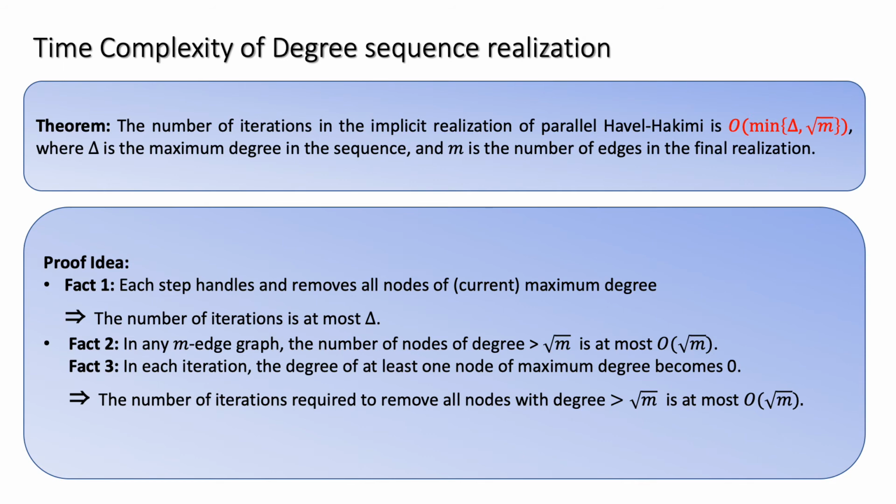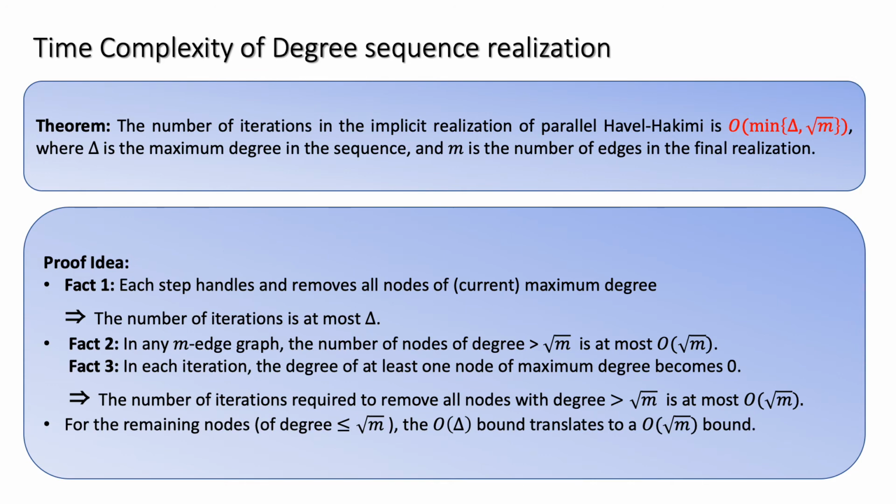So the number of iterations required to remove all nodes with degree larger than sqrt(m) is at most O(sqrt(m)). For the remaining nodes, they have degree at most sqrt(m) by definition, so the O(delta) bound translates to an O(sqrt(m)) bound.